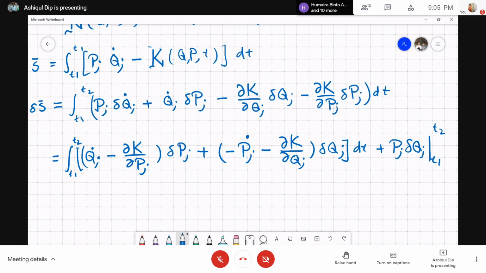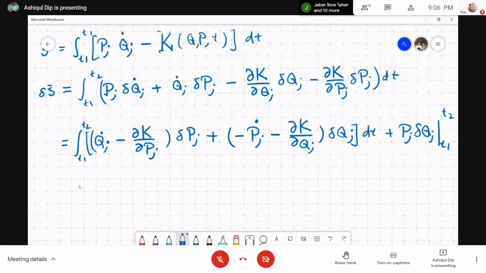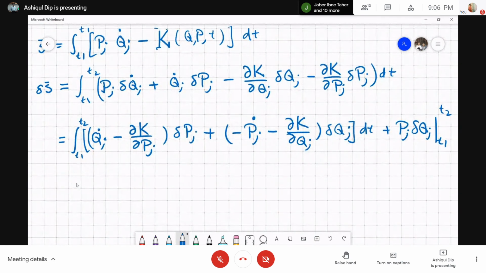Okay, that is exactly in the form of Hamiltonian mechanics. Even if we cannot see at this point how this variation of Q_j becomes vanishing, we'll see it later.